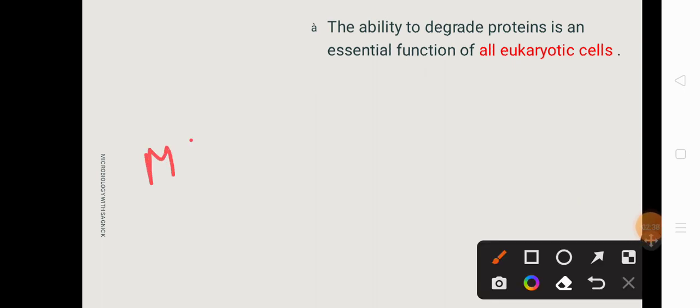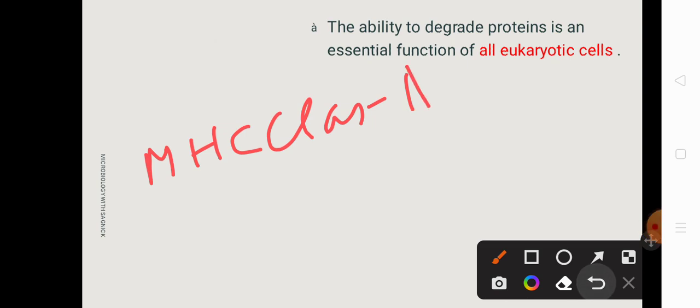Not only that, if you have followed my major histocompatibility complex playlist, then I hope you know that for both MHC class 1 and MHC class 2 molecules, the processing of antigen is nothing but degradation of the protein, right?